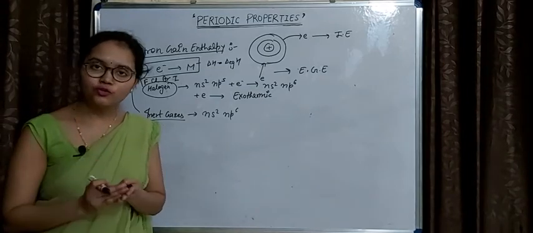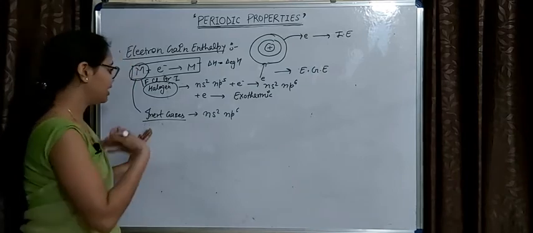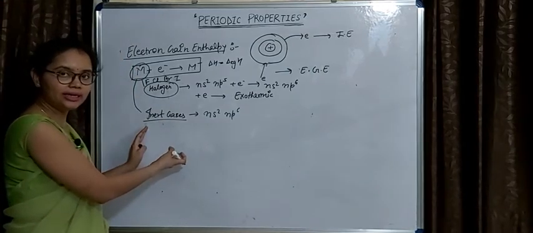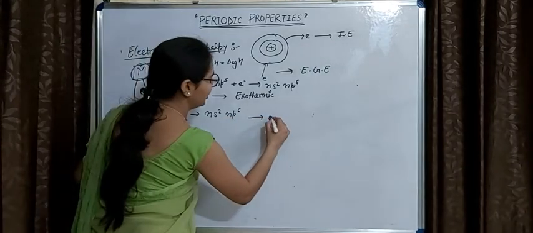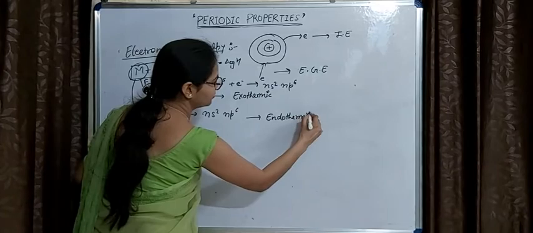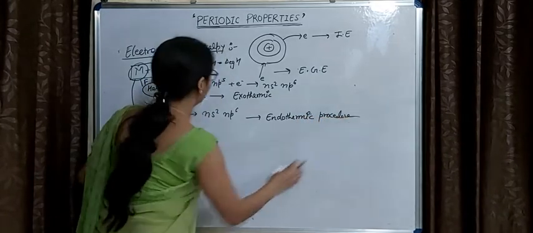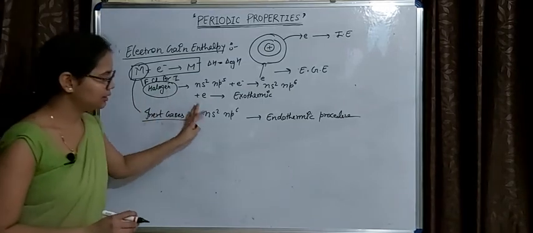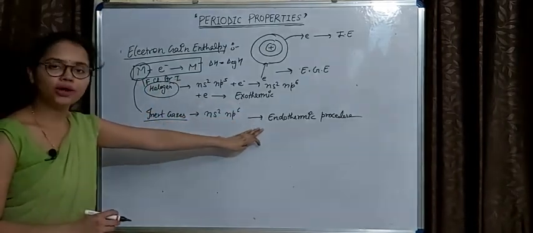Forcefully means you have to provide energy. Okay, so since we are providing energy to add the electron in inert gases, it will be an endothermic procedure. Okay, so in this way we can say that addition of electron can be exothermic or endothermic.